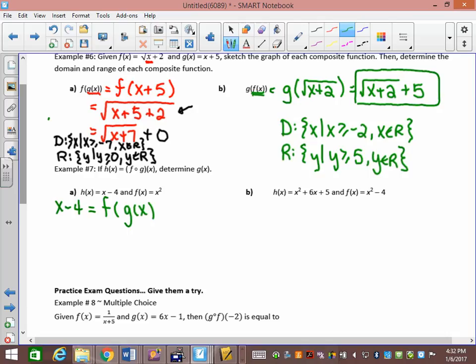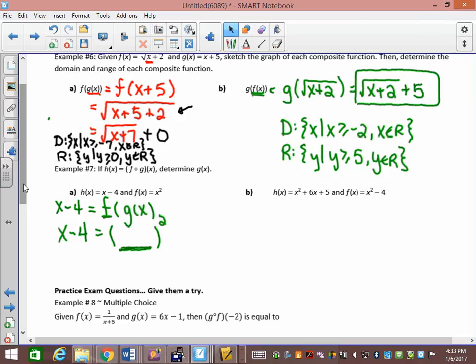We know that we are going to have over here something squared because f is x squared, and we need to replace that something, that g, in here. We just don't know what that g is. So we have to figure out what can we put in there that when we square it becomes x minus 4.